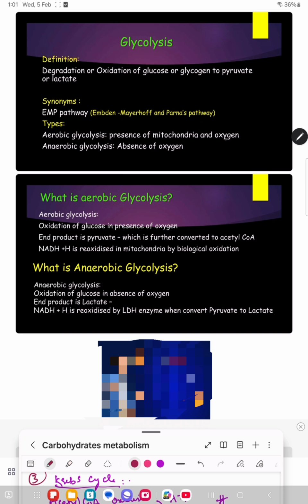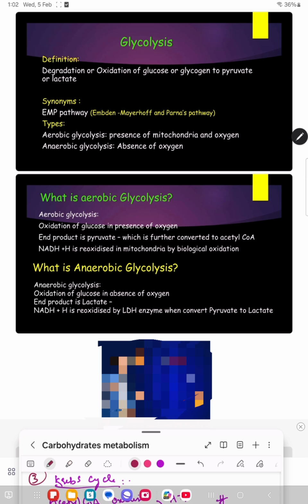I already talked about the presence of oxygen, and the mitochondria will be discussed in the next part. In anaerobic glycolysis there is absence of oxygen.